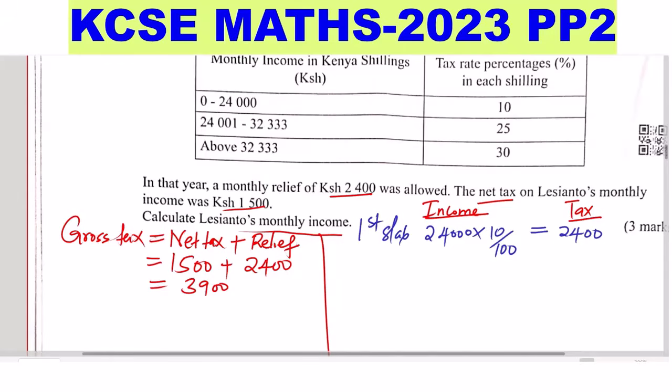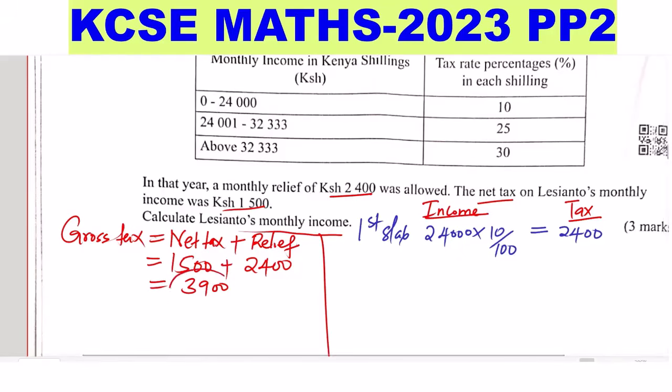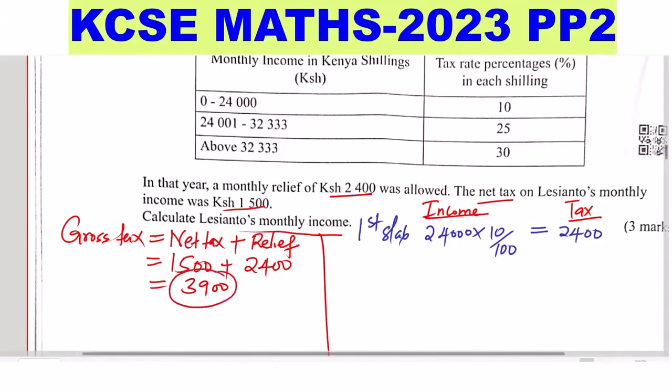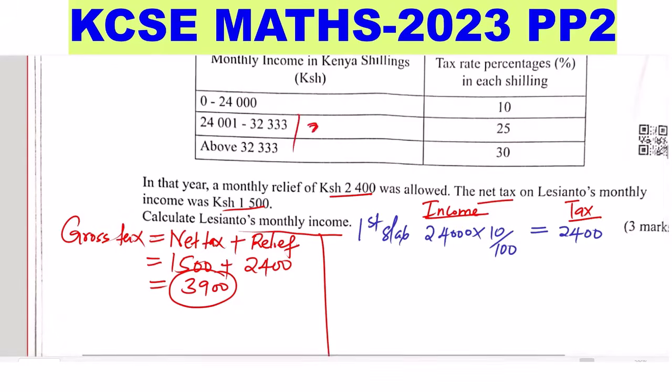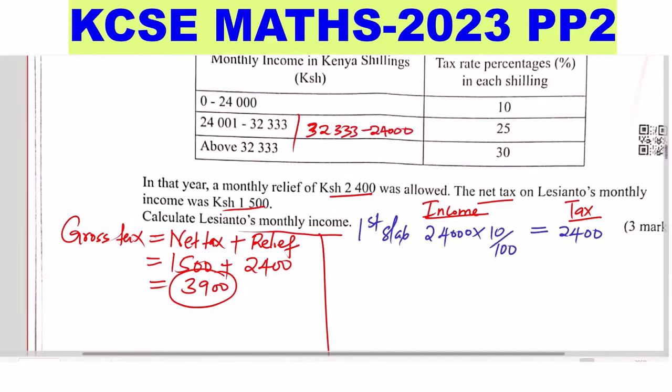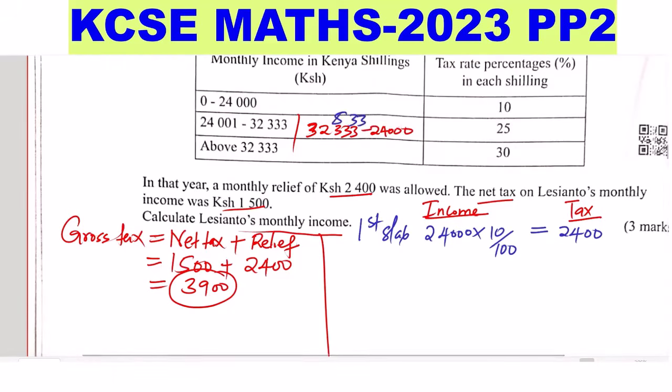So in the first slab we've obtained a tax of 2,400, but we need a tax of 3,900. So let's go to the second slab. What is the size of the second slab? If you subtract 32,333 minus 24,000, you get that figure as 8,333.